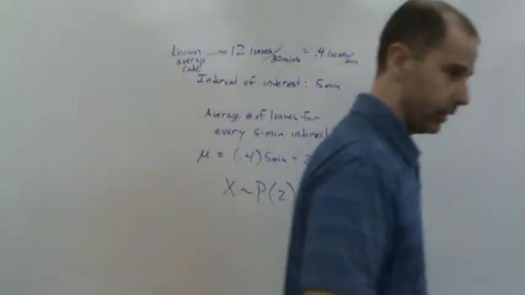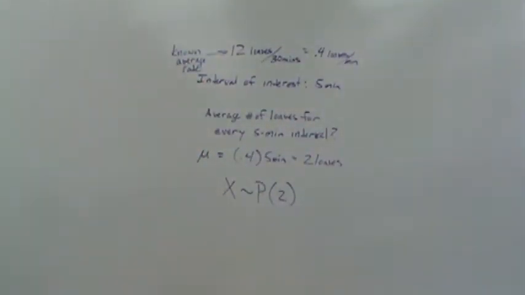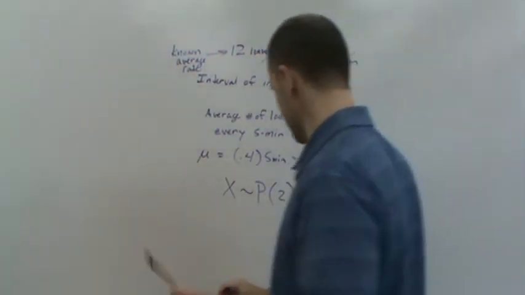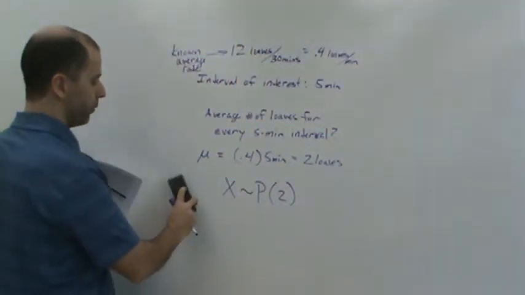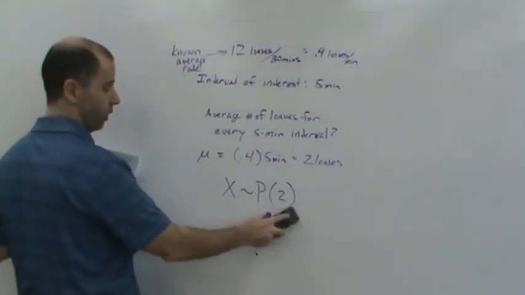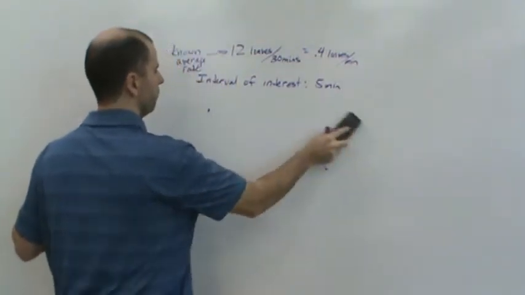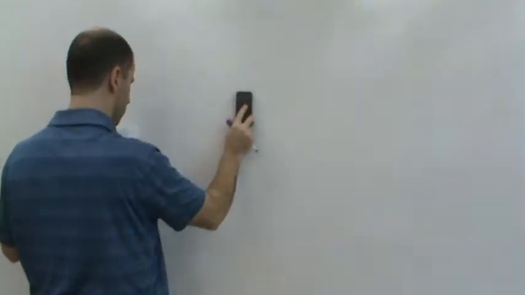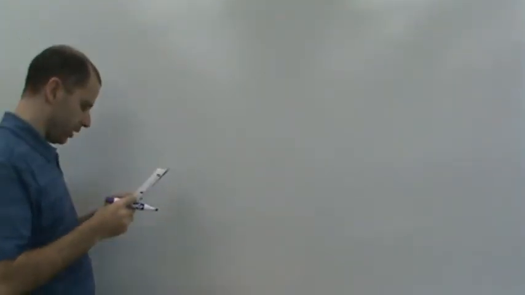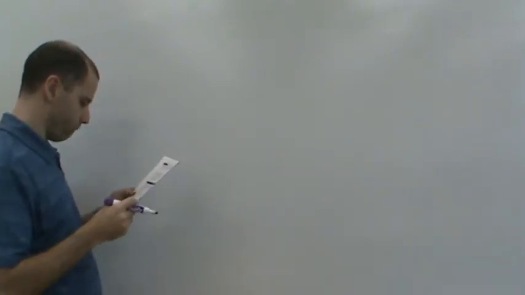So now the next question, now that we know this. So now that we know the distribution is Poisson with an average mu of 2, let's answer the question about probability.